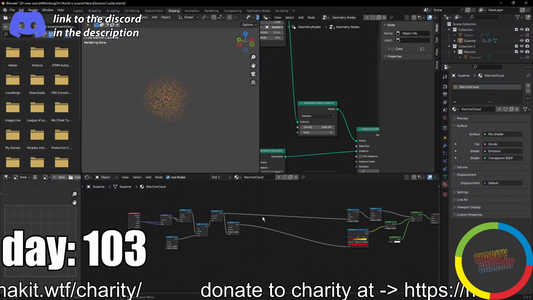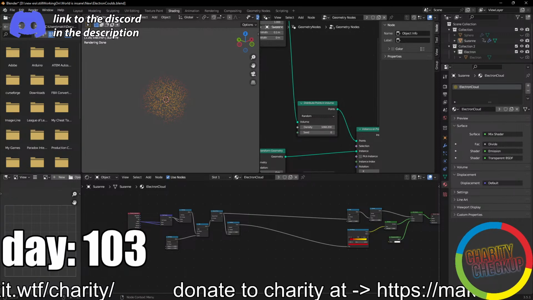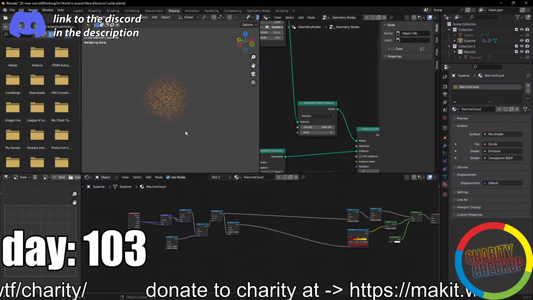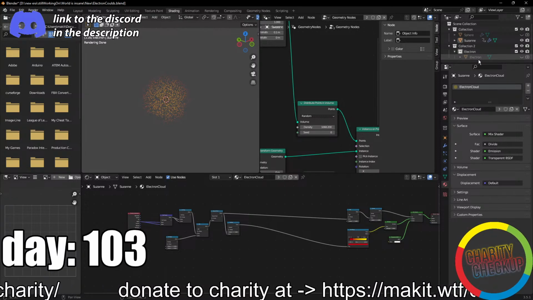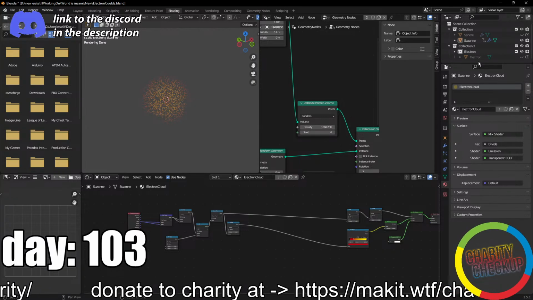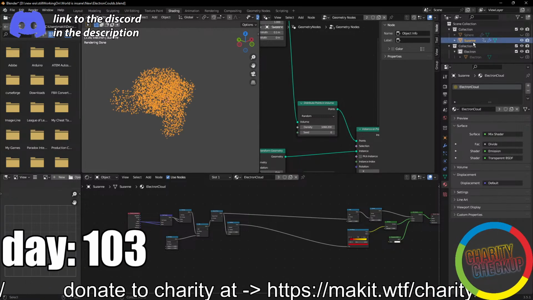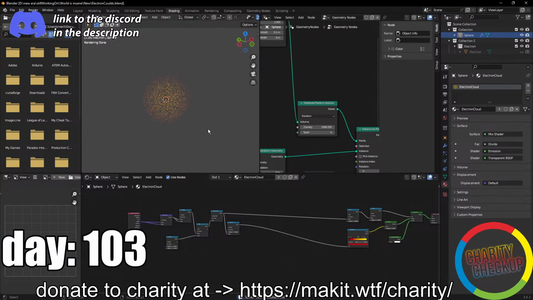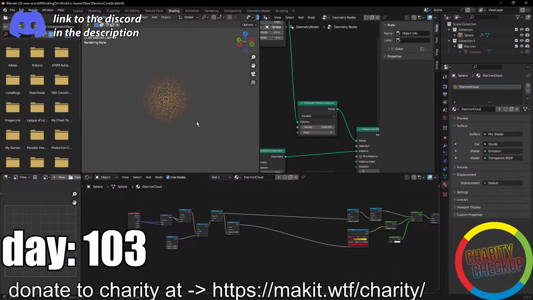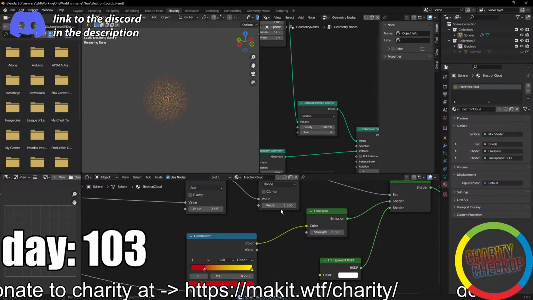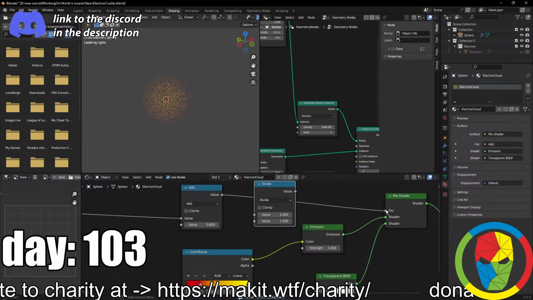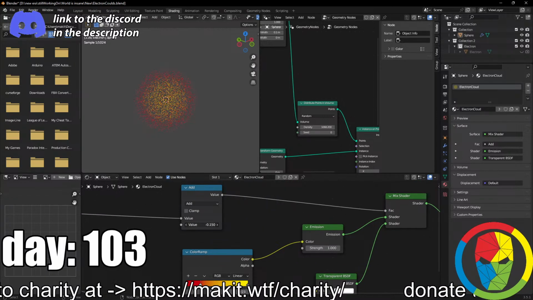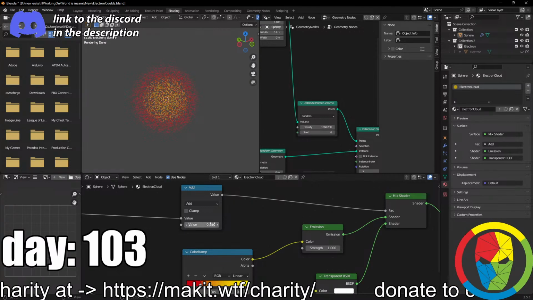This tells us the distance from an object. Let's delete Suzanne. Let's add the usual sphere. First of all, let's do it like this.